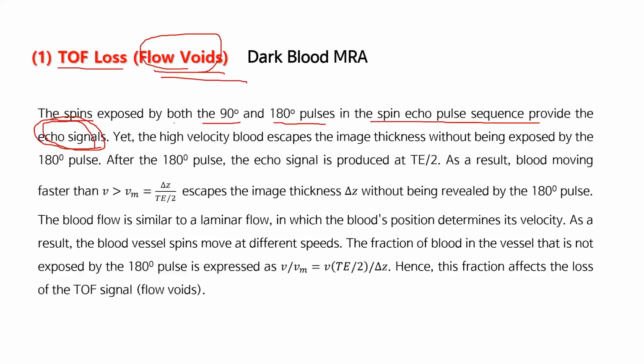So the spins must be exposed by both 90-degree and 180-degree pulses to produce the echo signals. Yet, high velocity blood escapes the image thickness without being exposed by the 180-degree pulse. After the 180-degree pulse, the echo signal is produced at TE over 2.